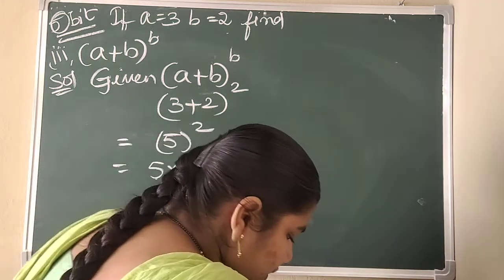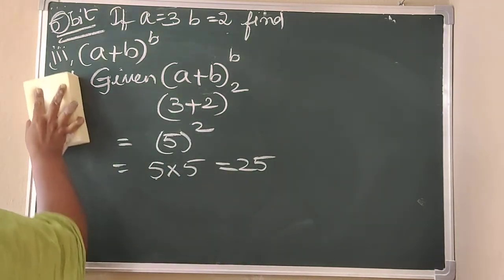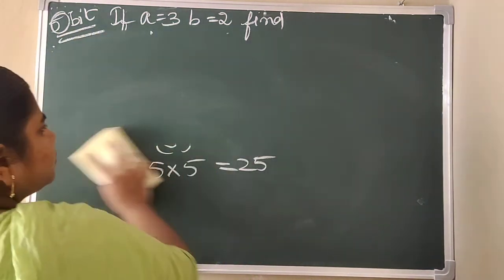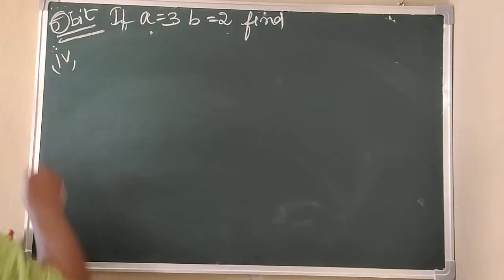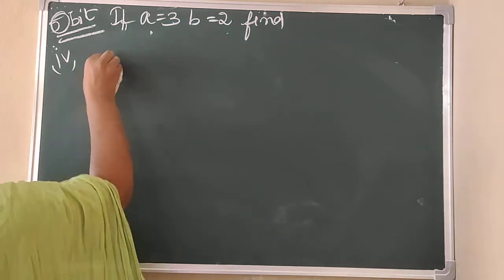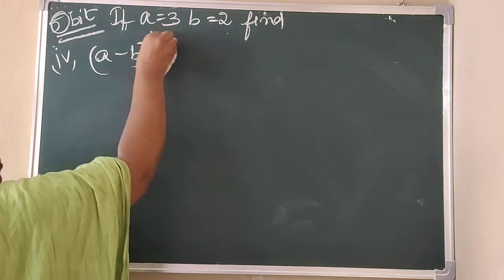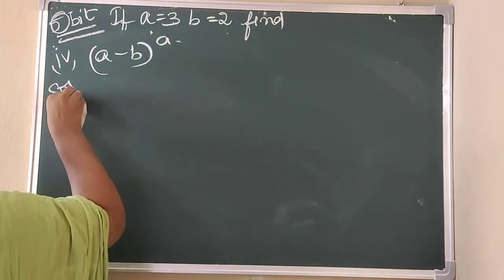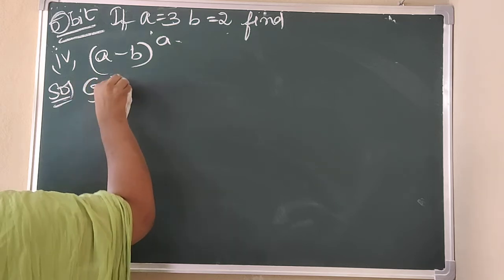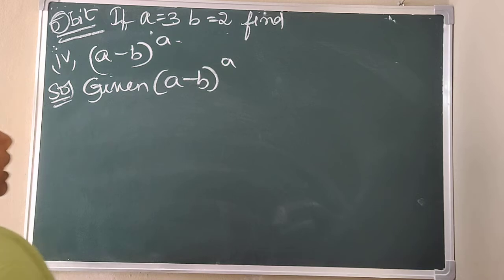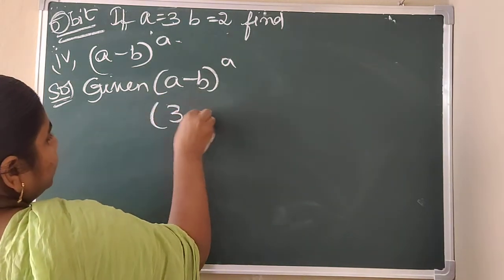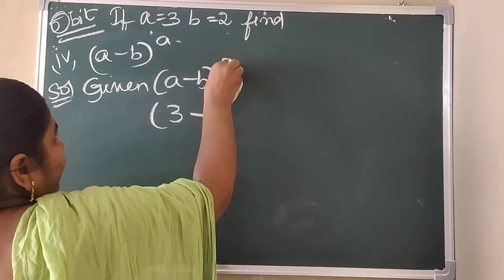And the last one in this exercise, fourth one. That is A minus B whole power A. So given A minus B whole power A, A value is 3, B value is 2, A value is 3.